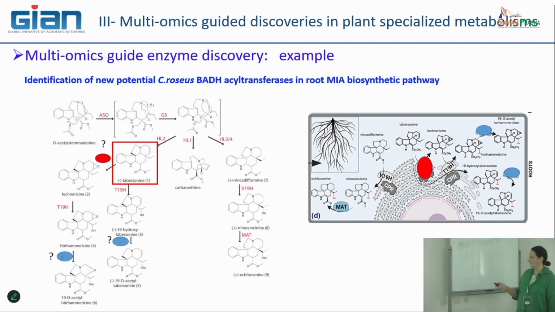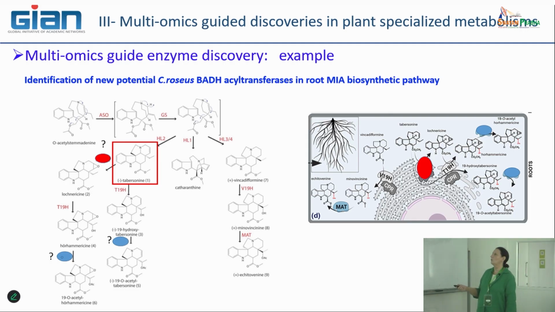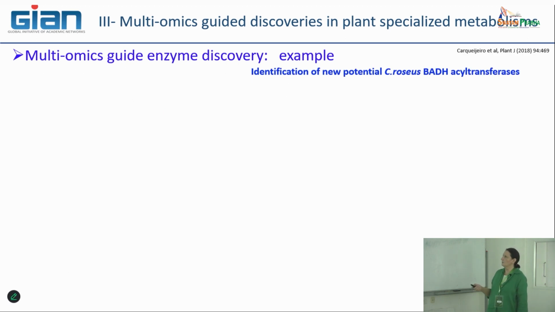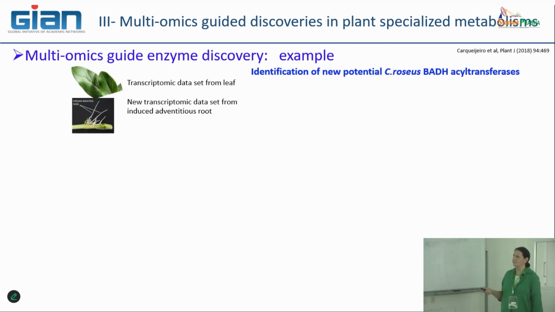What we know is that all of these enzymes are organized in specific branches of metabolic pathways. So how can we discover these 3 types of enzymes? Firstly, we developed transcriptomic data coming from specific leaves and from specific roots.